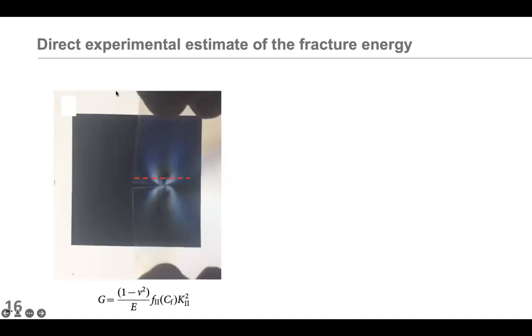Here I'm showing you a picture of a quasi-static crack propagating, and using birefringence of the material and polarized light, you can see the development of the stress intensity at the rupture tip. What we are able to measure during the experiments with strain gauges is the development and the propagation of such a stress singularity.